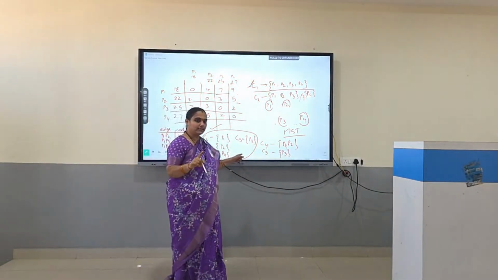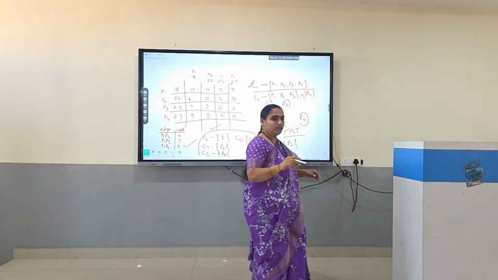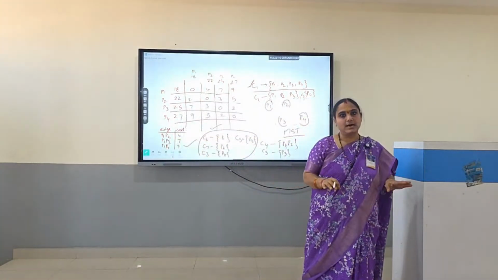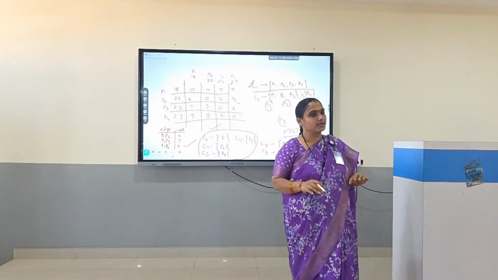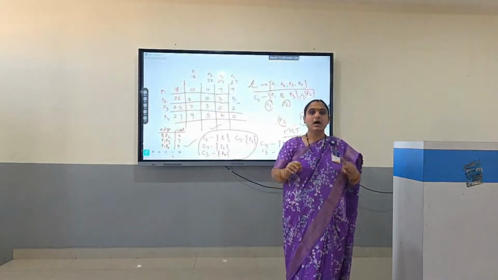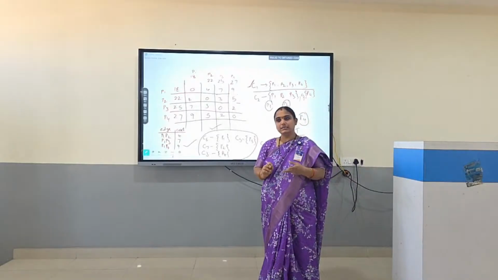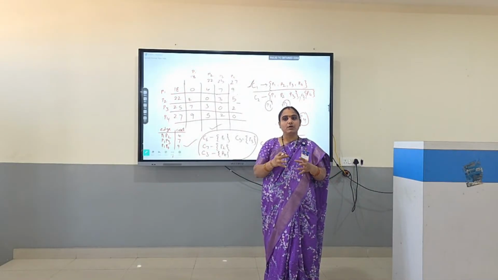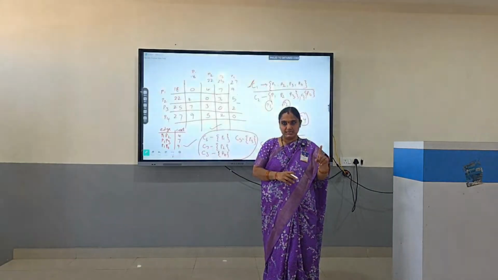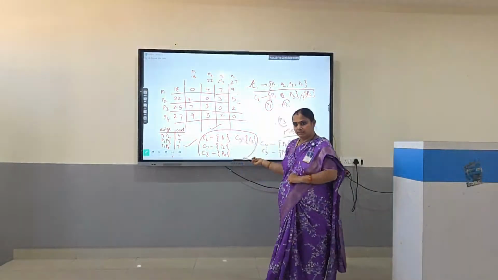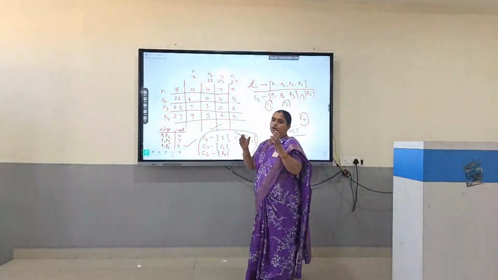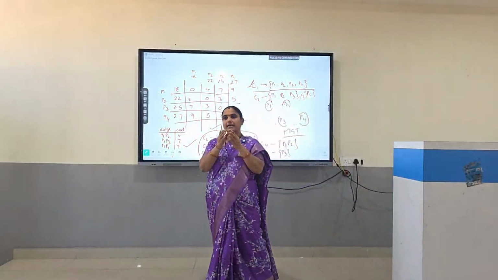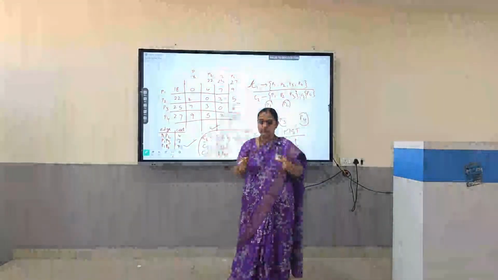Is it clear, guys? In hierarchical clustering, we have two different types: agglomerative clustering and divisive clustering. In agglomerative clustering, we combine all the data into a single cluster. In divisive clustering, the combined data is again divided into individual clusters.